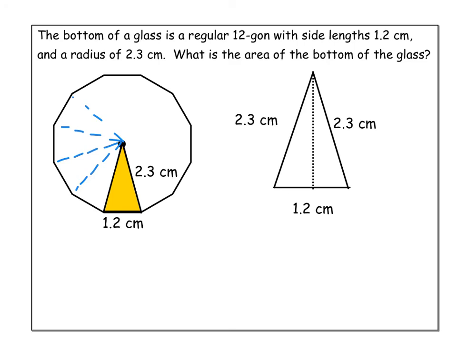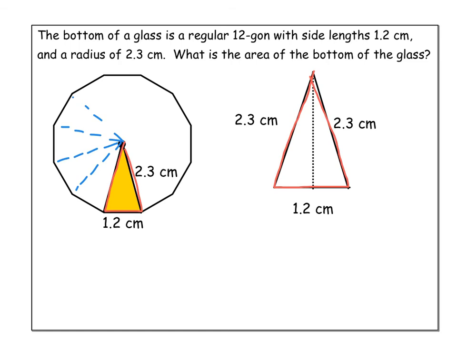Okay, so let's see what we can do. This triangle right here, it wouldn't let me shade it yellow, but it is the same triangle, just expanded and enlarged out there, so we have a little room to work. You see the 2.3 is the radius, the 1.2 is the S value.